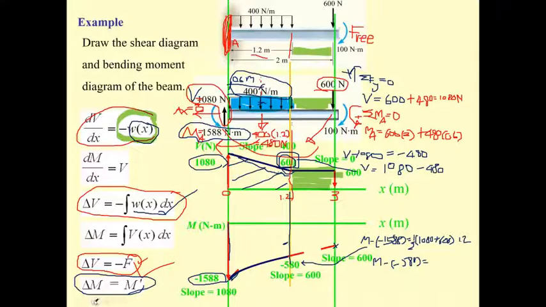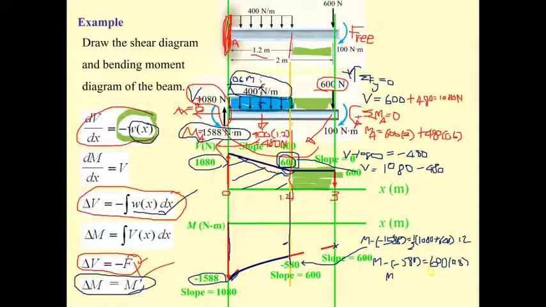So 600 times 0.8, that is 60 times 8, which is 480.